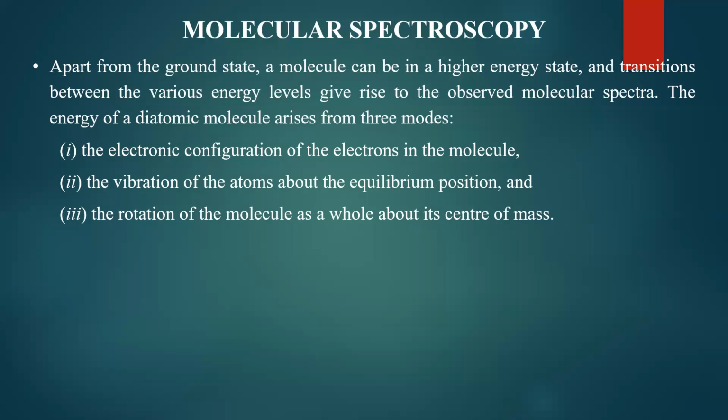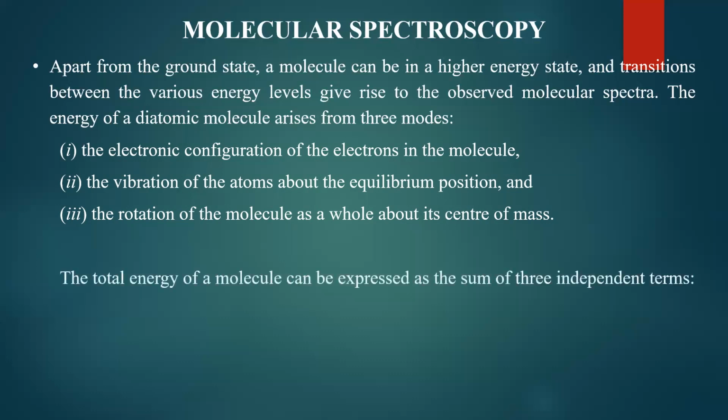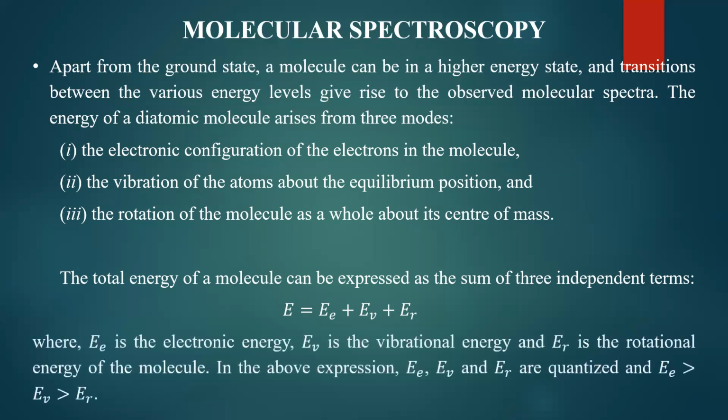These three give rise to the total energy of the molecule. Therefore, the total energy is E equal to EE plus EV plus ER, where EE is the electronic energy, EV is the vibrational energy, and ER is the rotational energy of the molecule.